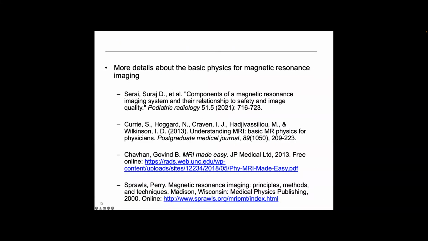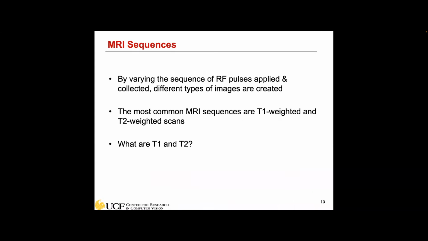There are a lot of details on the physics of MRI. If you're interested in knowing more, here are some references I list here. You're welcome to check these references and learn more details about the physics of MRI.